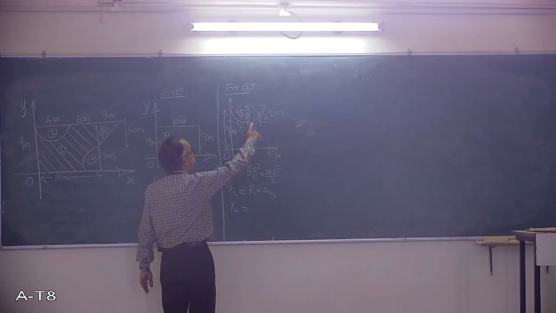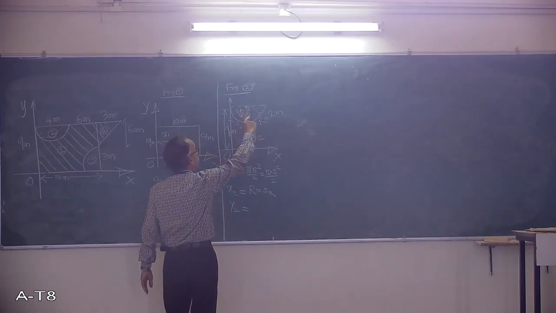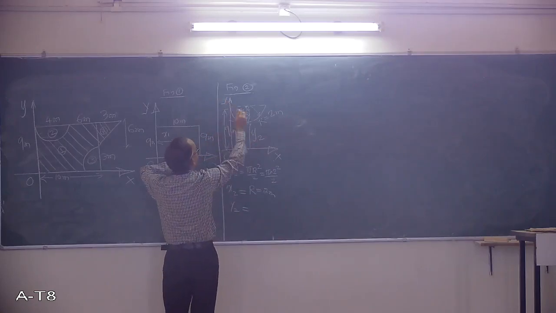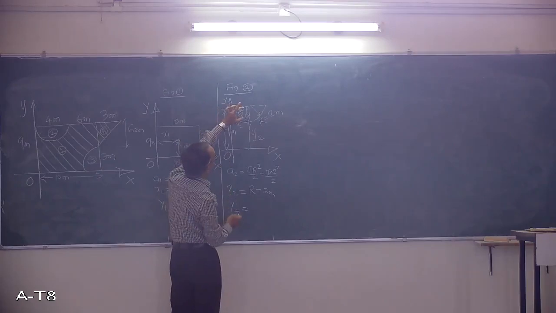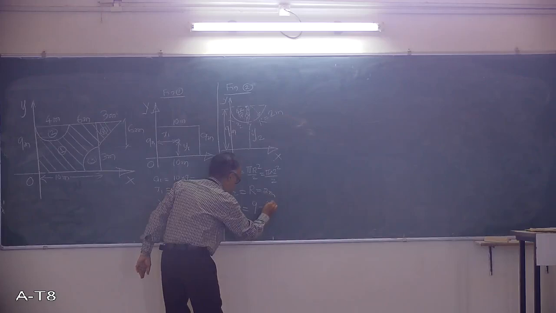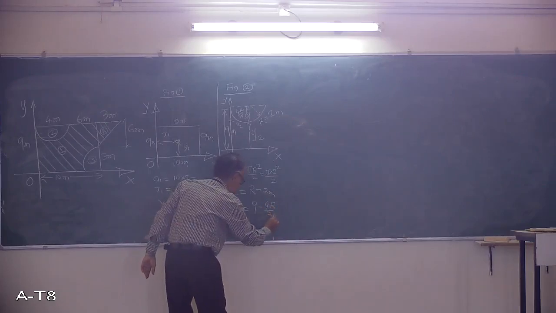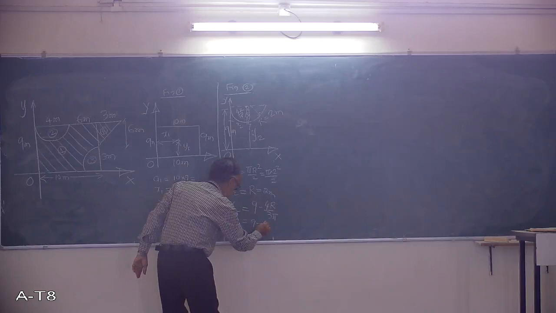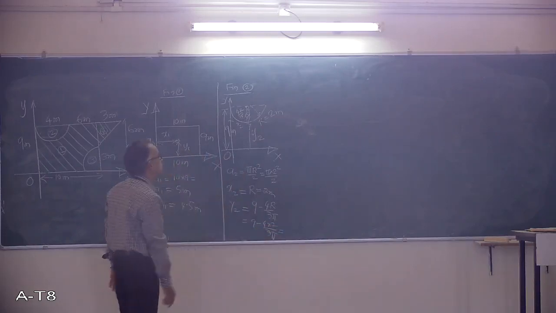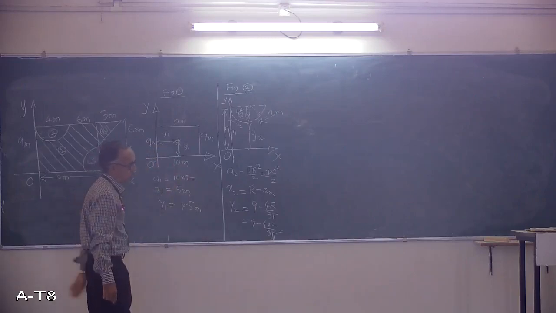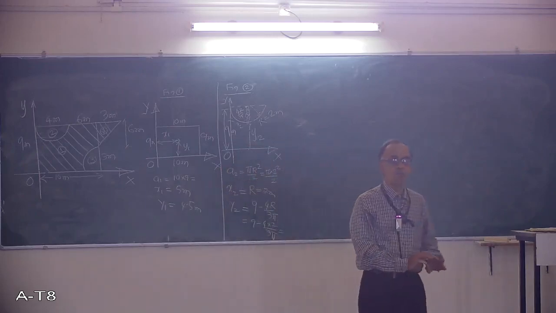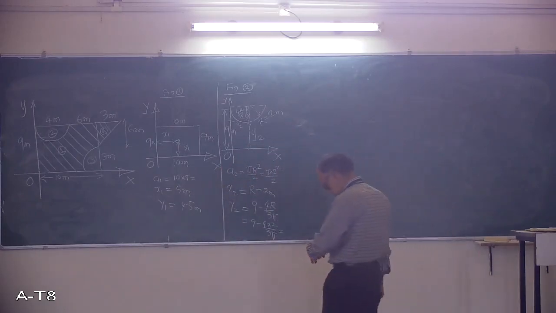From here it is 4r upon 3 pi, but from the origin you have to measure parallel to the y-axis. So y2 is 9 minus 4r upon 3 pi, that is 9 minus 4 into 2 divided by 3 pi. From that you will get y2. So I told you, whatever you are marking, you have to mark correctly. Any small mistake, the problem will go wrong. You should be very, very careful.